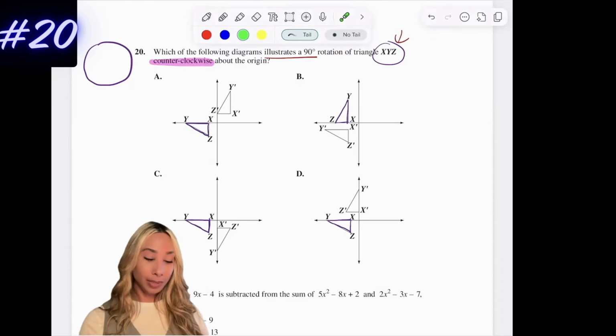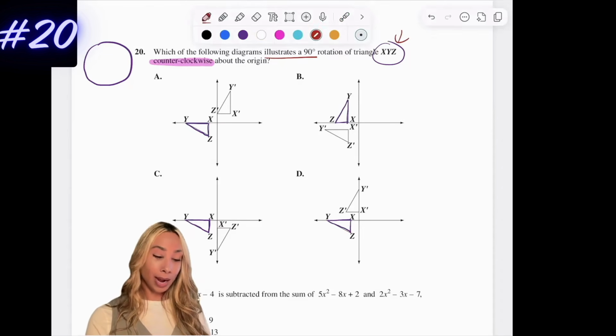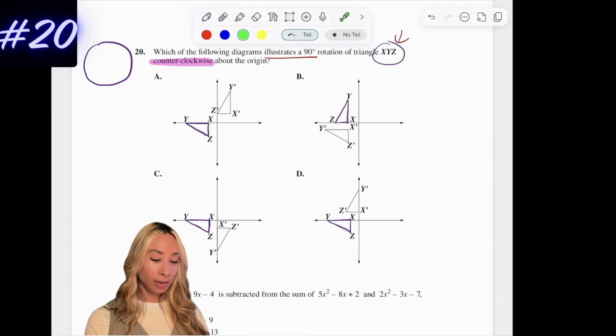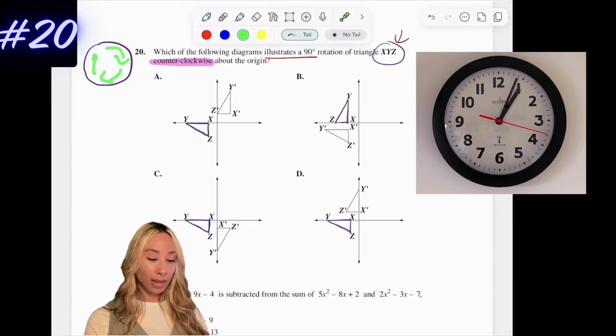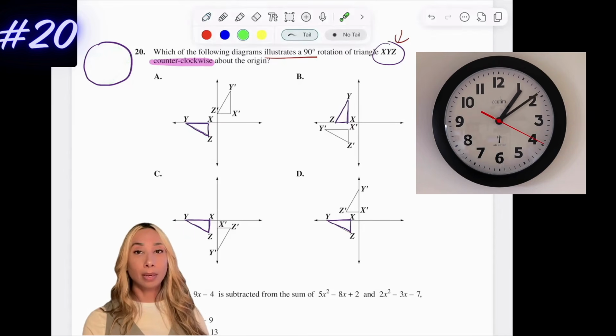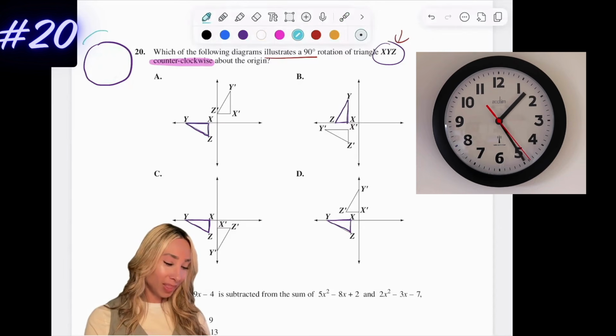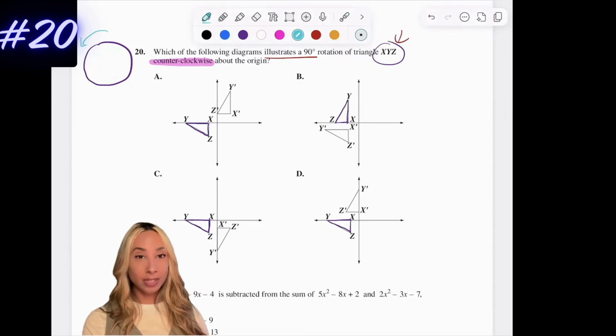The other thing I have to be clear about is counterclockwise. If you're thinking of a clock, and again, I know some of you don't always know how to read an analog clock, but you know the order of the numbers, at least I'm hoping you do. Then counterclockwise is going the opposite. Essentially, it's turning to the left. So what we want to do is say which one of these represents turning to the left 90 degrees.